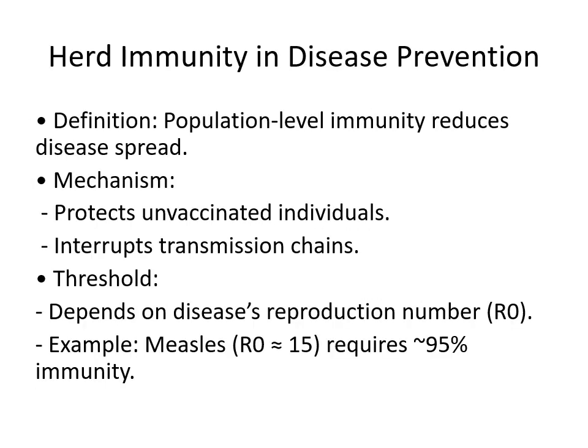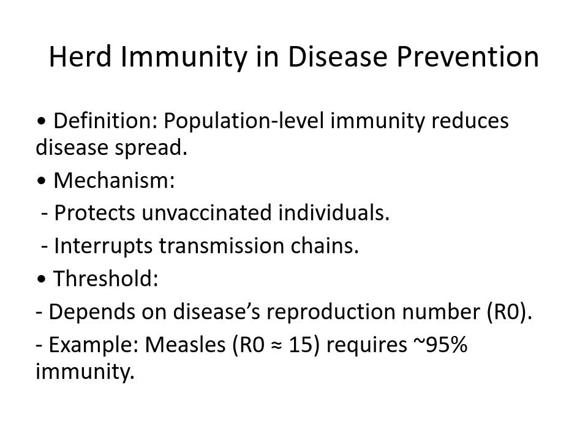Here we have the fourth question talking about how herd immunity helps in disease prevention. So herd immunity is population-level immunity that reduces disease spread.